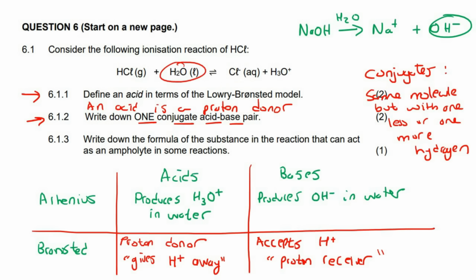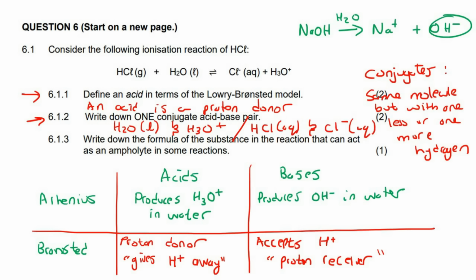Or you could use these two, and you would see that there's one hydrogen extra over here. So your answer could either be the H2O and the H3O+. They are one pair. You see how it's the same molecule, but there's just one extra hydrogen on one of them. And your other answer that you could have used would be HCl and Cl minus. Can you see that they are all the same, but there's just one hydrogen less or more on one of them?